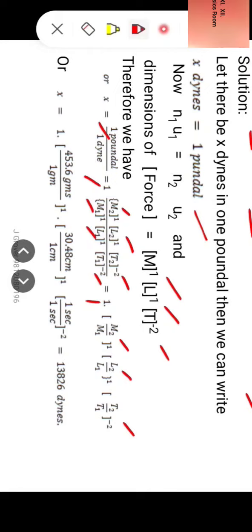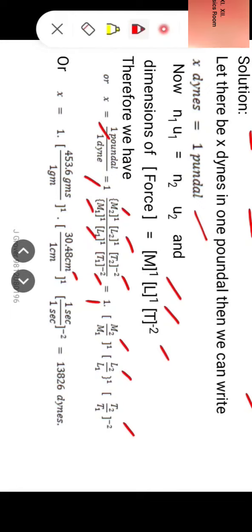In place of feet we write 30.48 centimeters, and in place of time we write seconds, as second is the unit of time in all the systems.